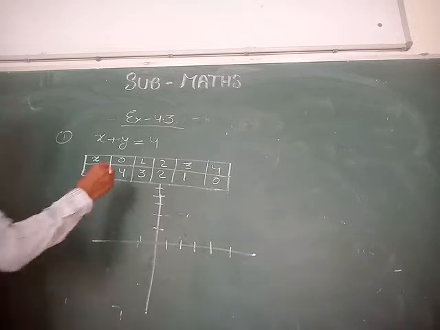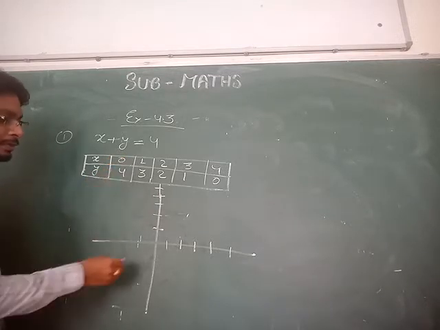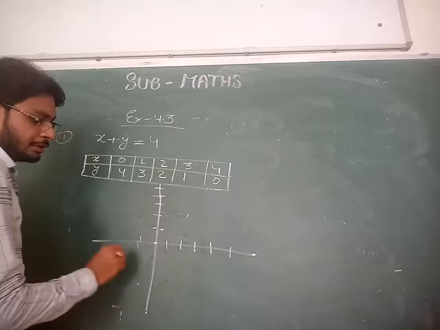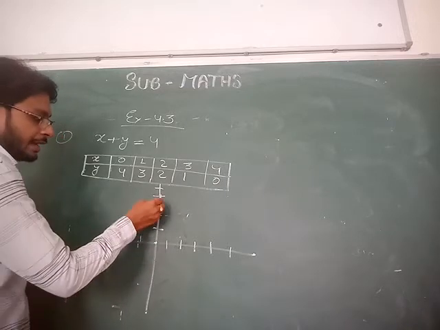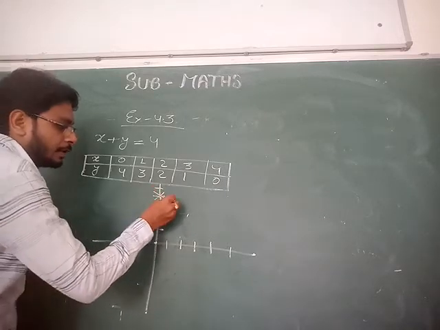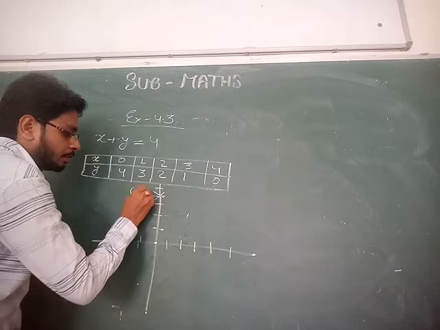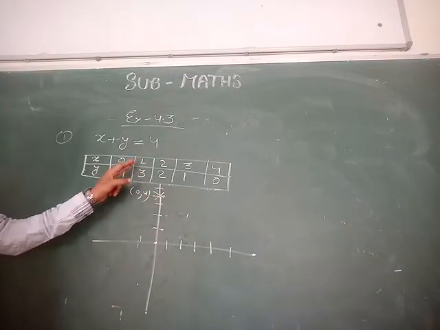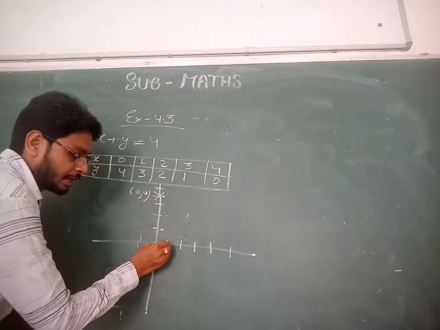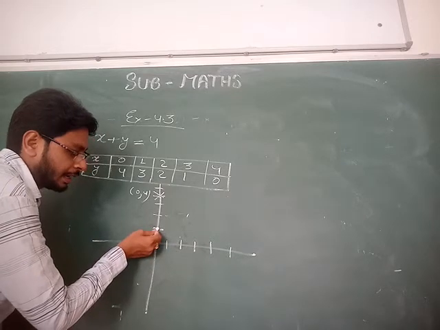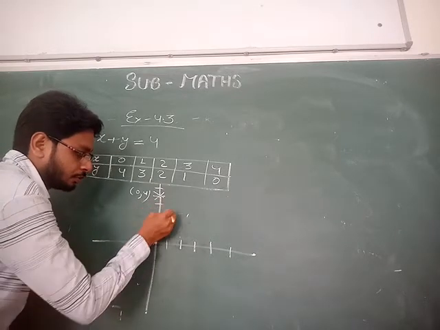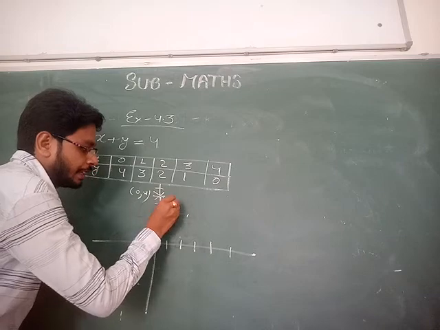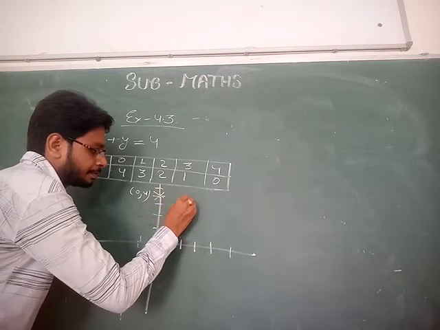Okay, so the first point is 0, 4. That is 0, the origin, and 4 is on the y axis, so that is 0, 4. Second, 1, 3. That is 1, and where is 3 on the y axis? 1, 2, 3. So this point will be 1, 3.